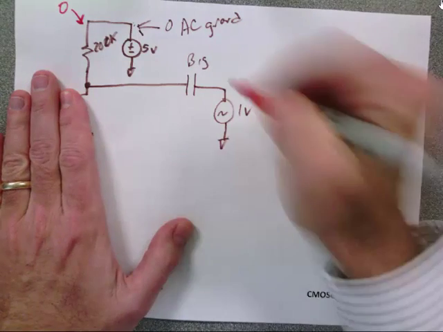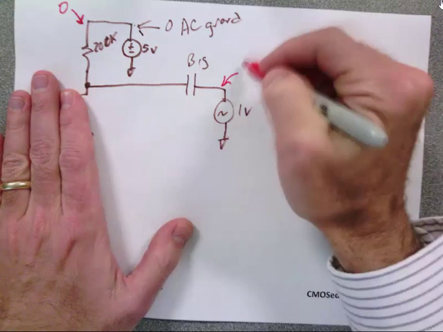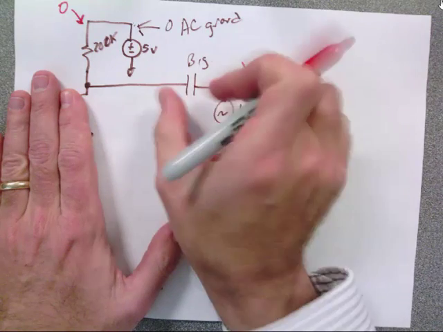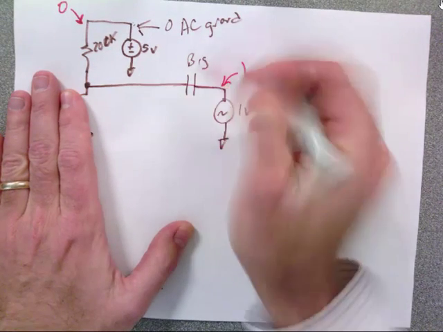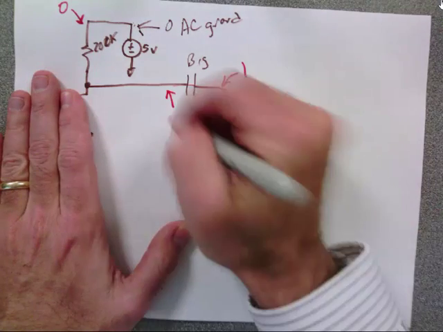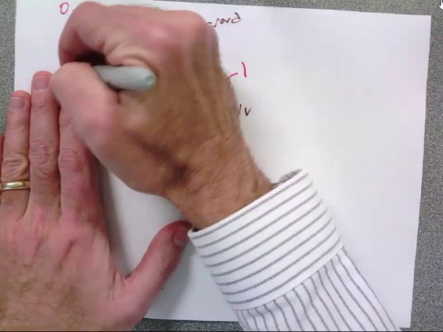I just asked you that. It's 0. What is the AC voltage there with a 1 volt input? 1. If this capacitor is big, that means it doesn't charge or discharge. Both sides move at the same value. In other words, I think of this as a wire. What's the voltage there for AC? 1.